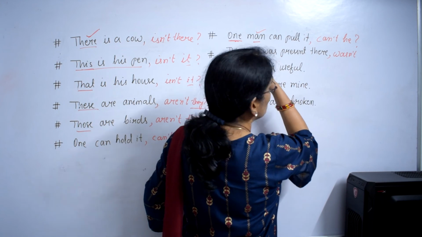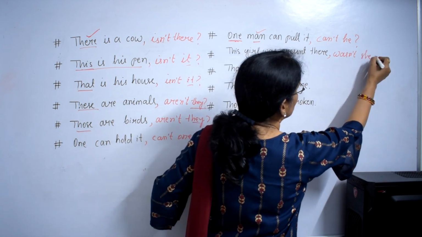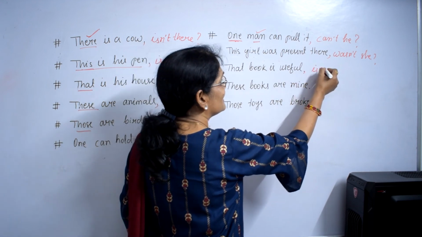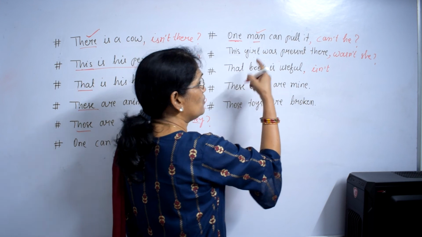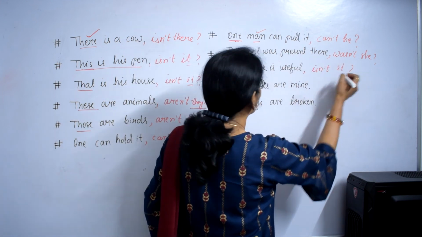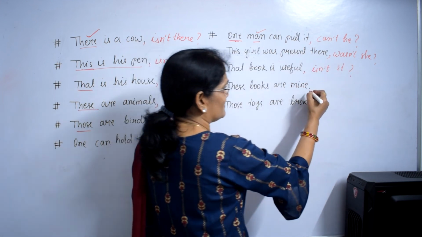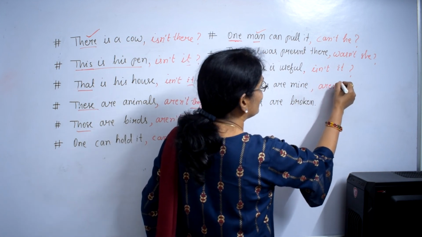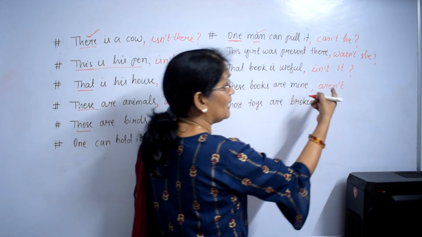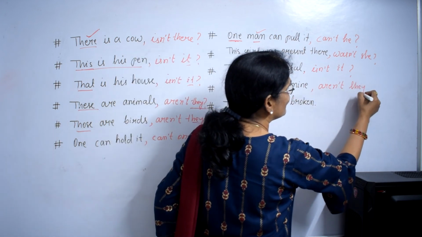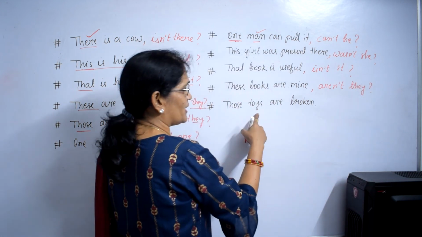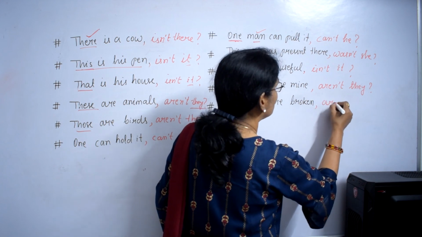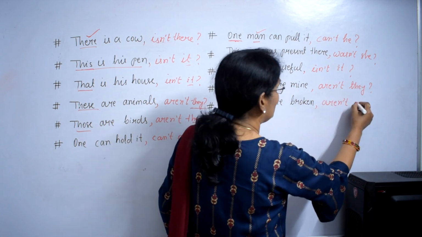The girl, this girl, wasn't she? That book is useful. Isn't. For book, it. Isn't it? These books are mine. Okay? And for these books, they. Those toys are broken. Comma, and they.